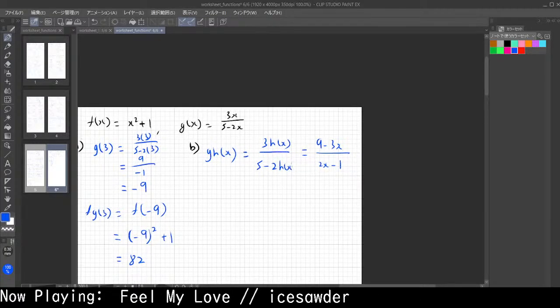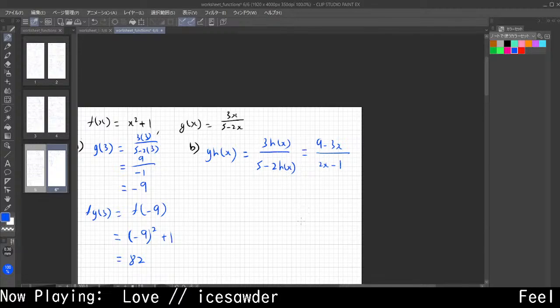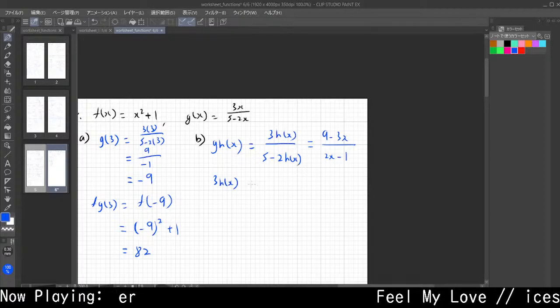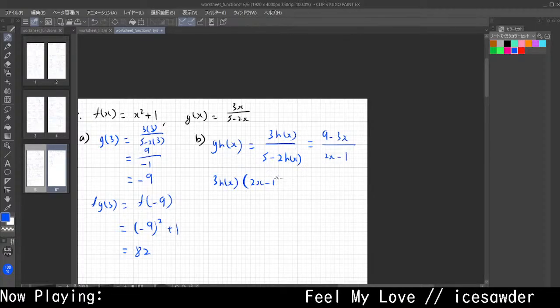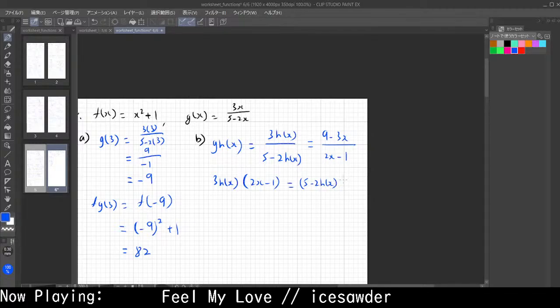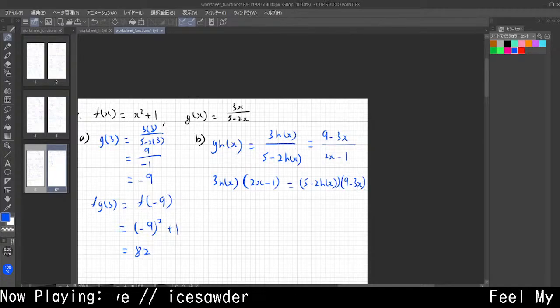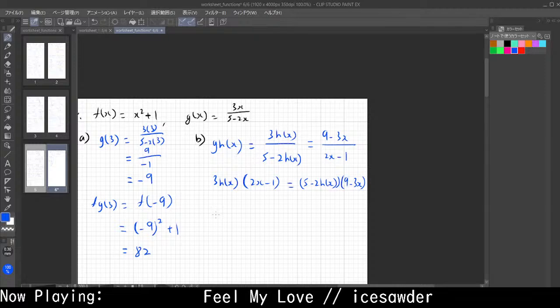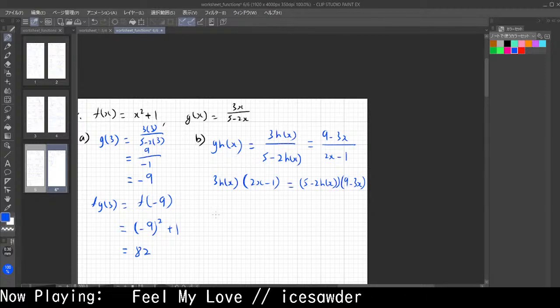Then at this point you will cross multiply: 3h(x) bracket 2x minus 1 equals (5 minus 2h(x)) bracket 9 minus 3x. Expand. Just expand. You want to find h(x), this is the most straightforward way possible. It's just very troublesome. 3 times 2, 6.